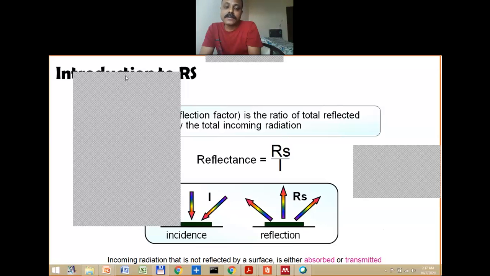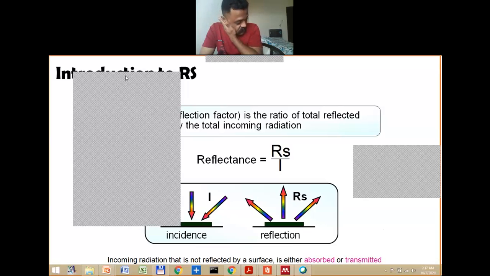So whatever color you see, remember, this object is reflecting the energy corresponding to that wavelength. Okay? So try to think that way.